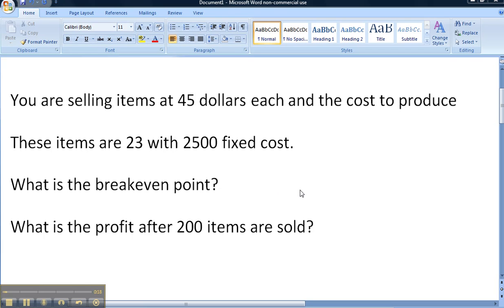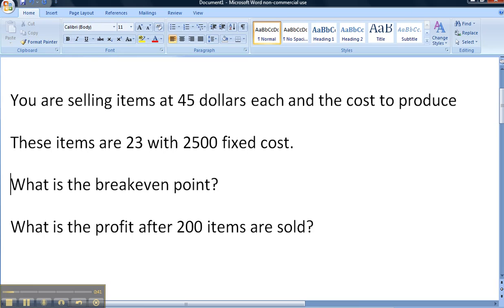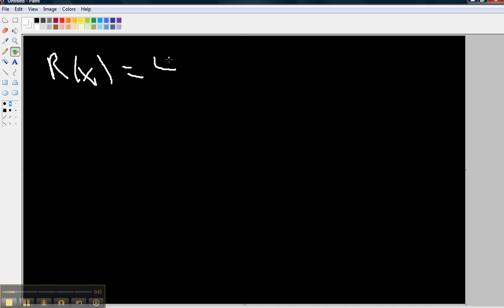Well, the first thing we want to do is create an equation. We got $45 is the price if you sell each one, and the cost is $23 per item plus $2,500 fixed cost. Let's write out our equation. My revenue function, R of x, is equal to $45 times the number of items you sell.